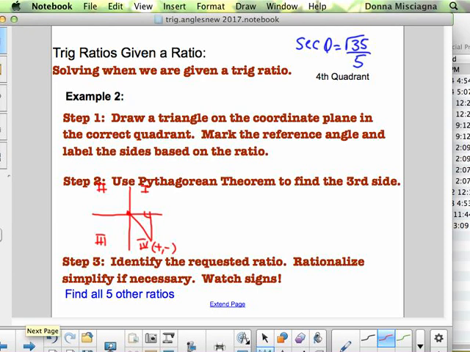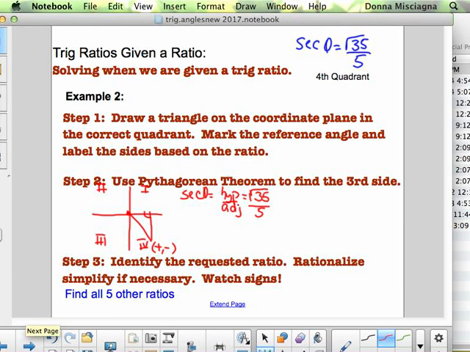And we are given secant. Secant is the hypotenuse over the adjacent, and really it needs an angle. So that means that the square root of 35 is the hypotenuse, and the adjacent is 5.